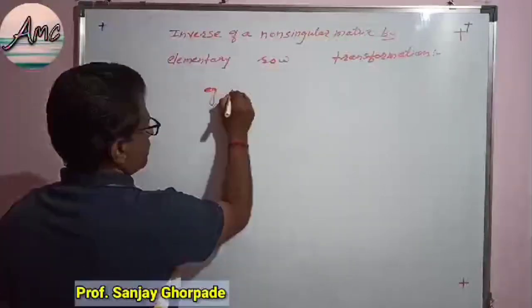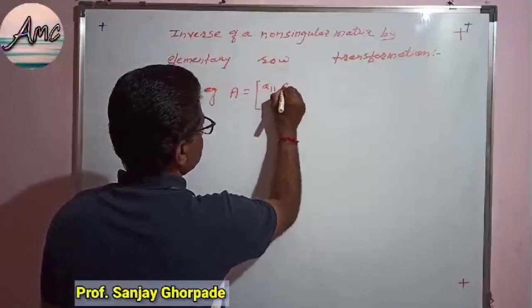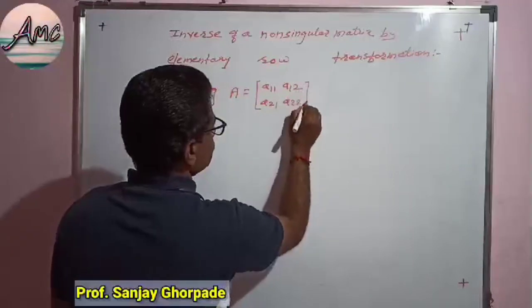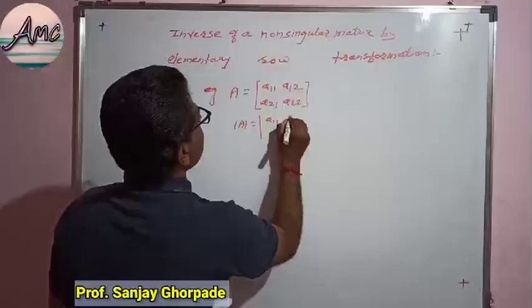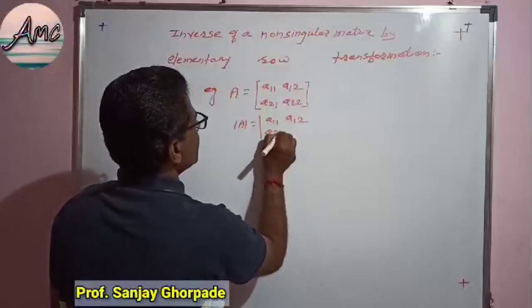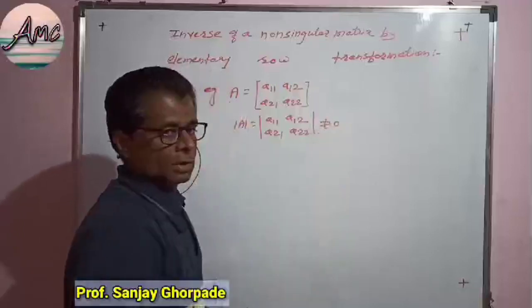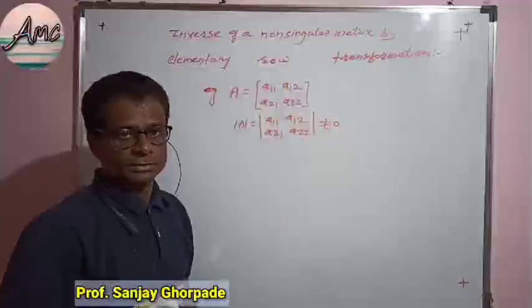For example, say A is a matrix having the elements A11, A12, A21, A22, whose determinant is not equal to 0. Not equal to 0 means the given matrix is a non-singular matrix.